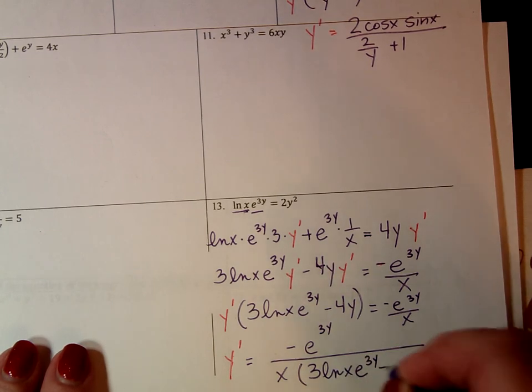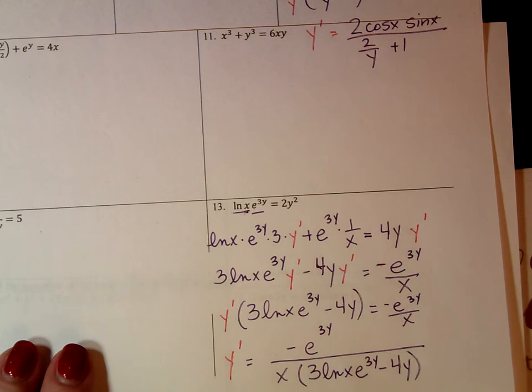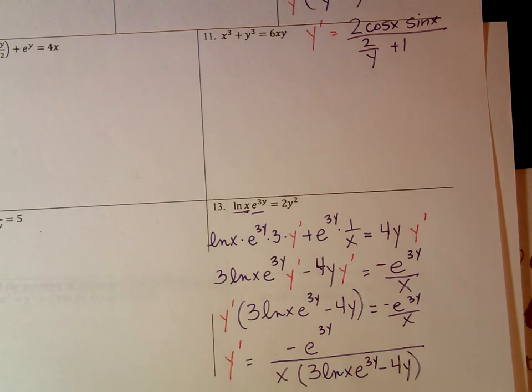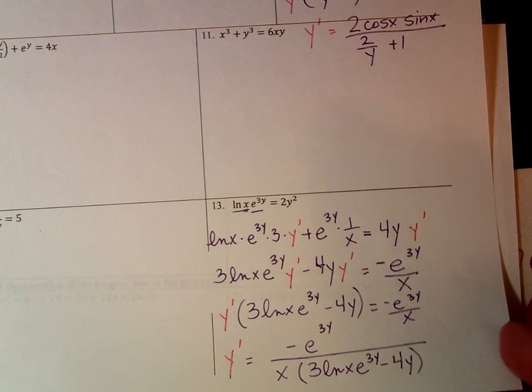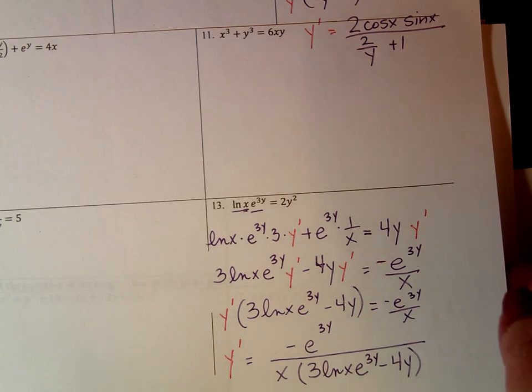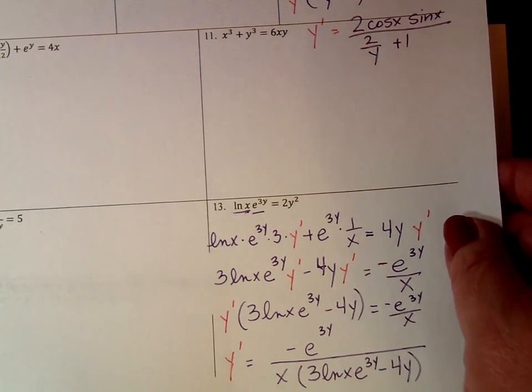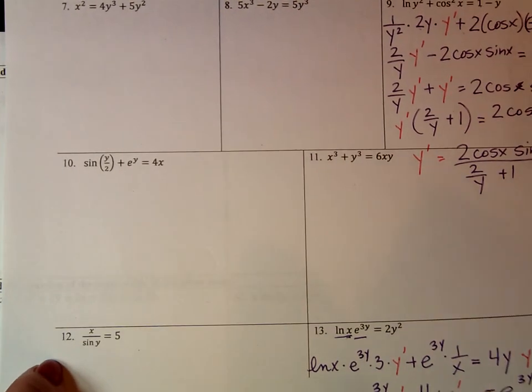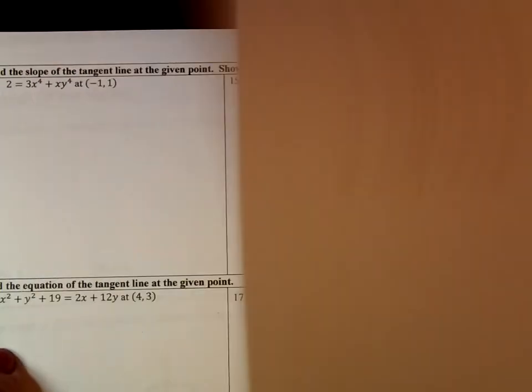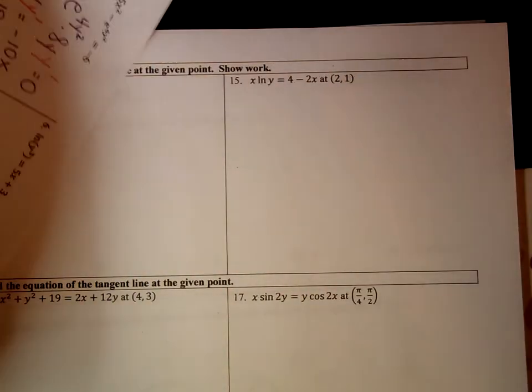And that's it. All right, directions change for a couple of these. I just wanted to show you that one because it is a product rule in the midst. Like for number 12, you're going to end up having to quotient rule that guy, so just be ready. They're coming along with different things in there. All right, here comes the next guy that I want to look at.